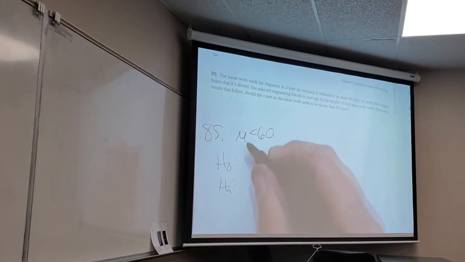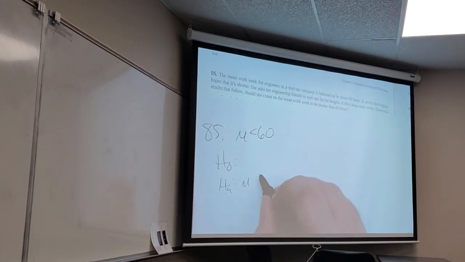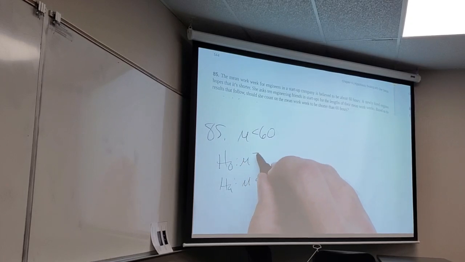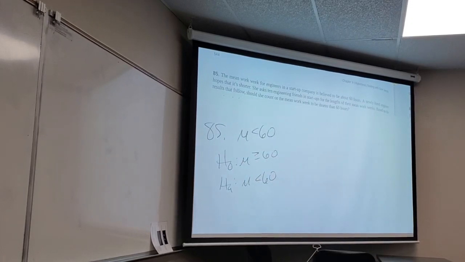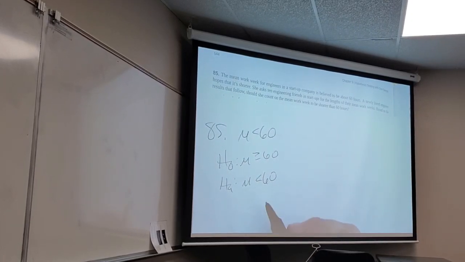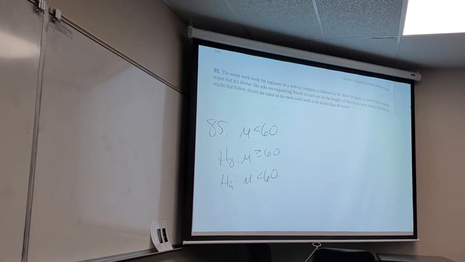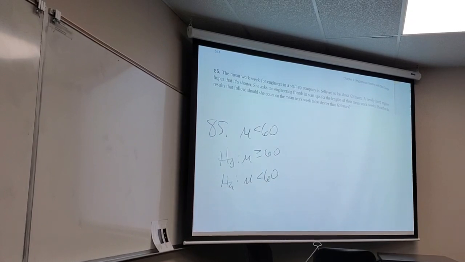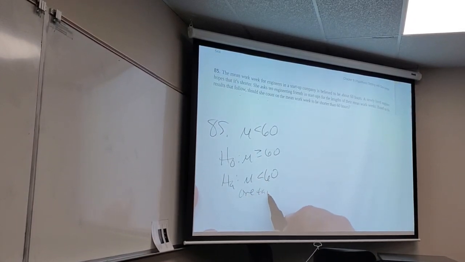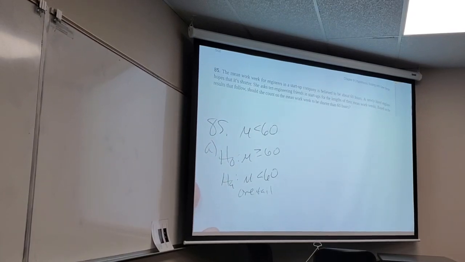Which one is that? So the H0 is, I'm already writing it. There you go. Will it be one tail or two tail? How do you know? What are you looking at? It's less than, so it's one tail. Only care about down.